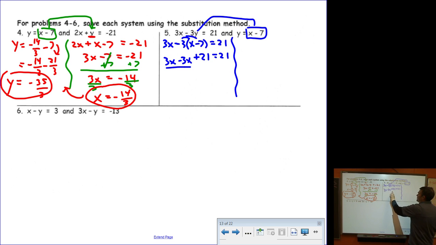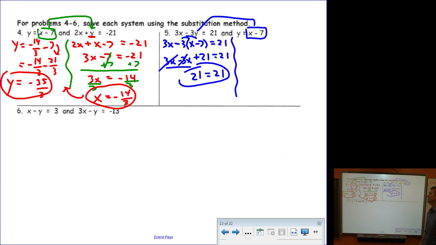And combining my like terms, the 3x minus 3x actually cancels out. I get 21 equals 21. Remember, when the variable cancels out of the problem, it's either no solution or infinitely many solutions. Because these two things equal each other, that tells me that this one is infinitely many solutions.